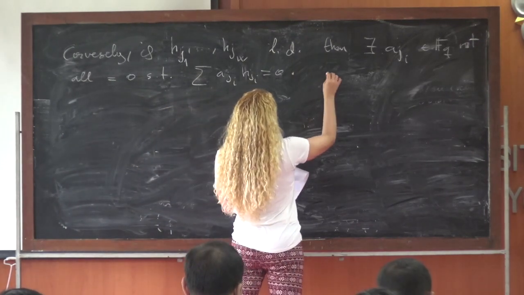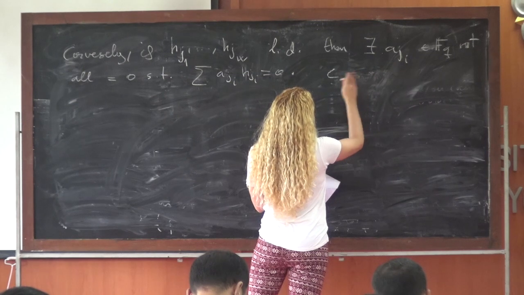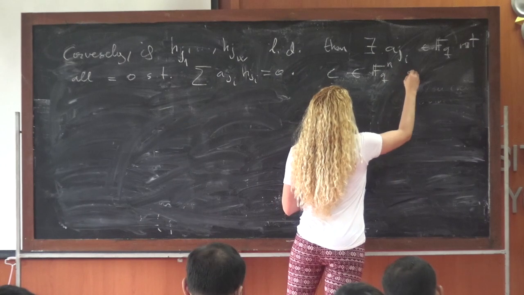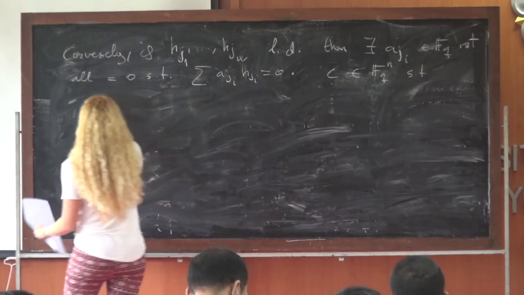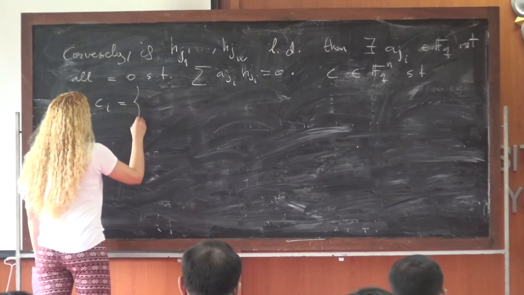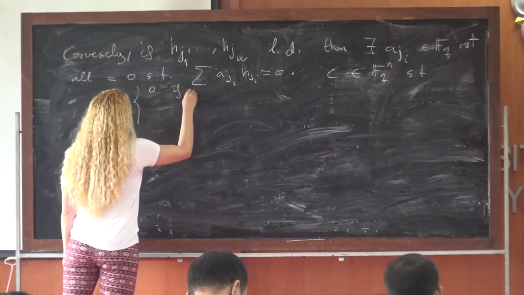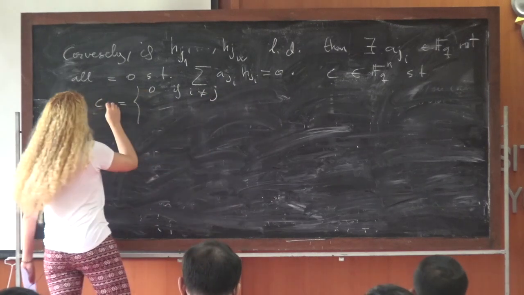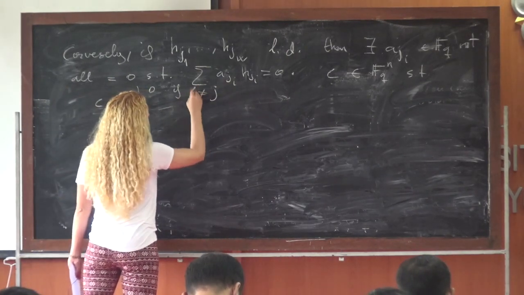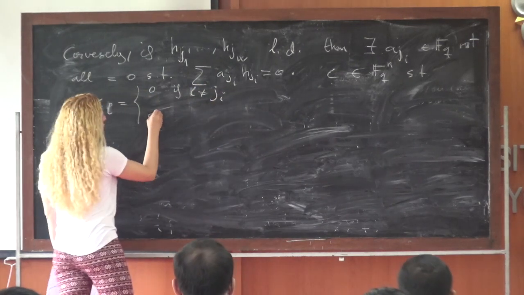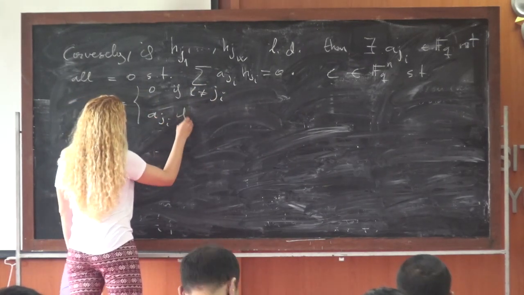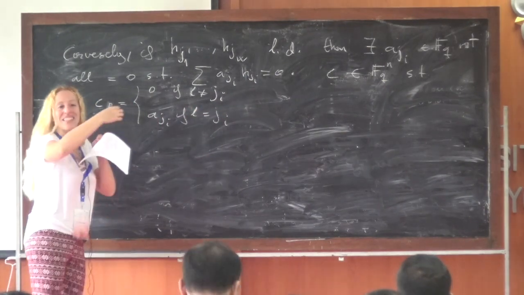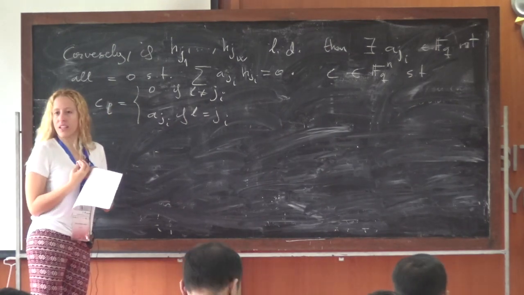Now, what I'm doing is I'm going to define a vector c in Fq to the n such that its coordinate is equal to 0 if i is different from one of these indices. So let me call it c_l. And it's going to be equal to a_gi if l is equal to gi. So basically, I extended this thing to be a word in Fq^n.